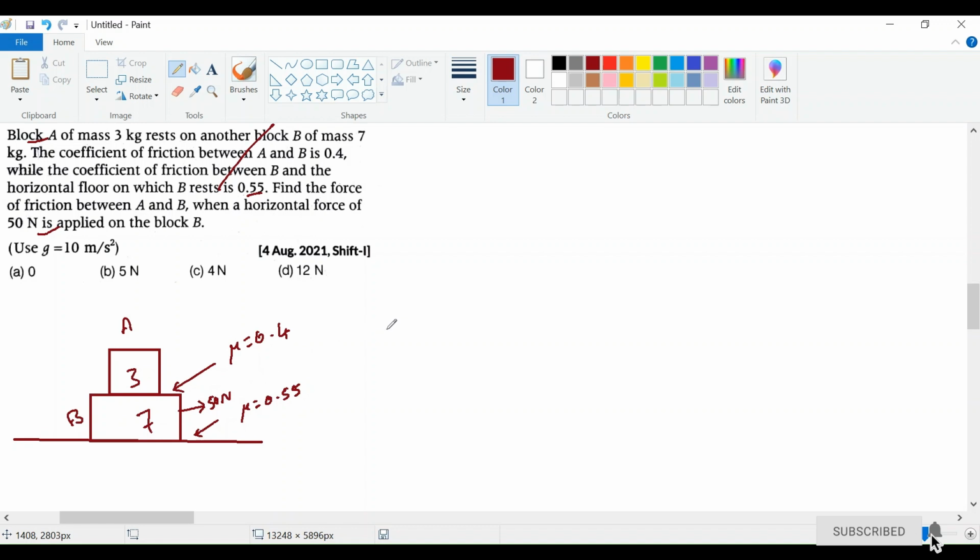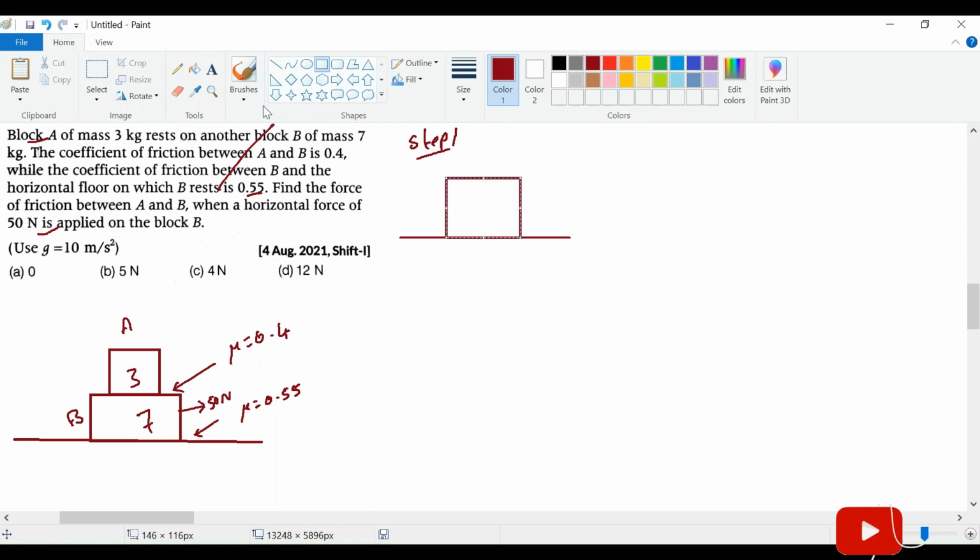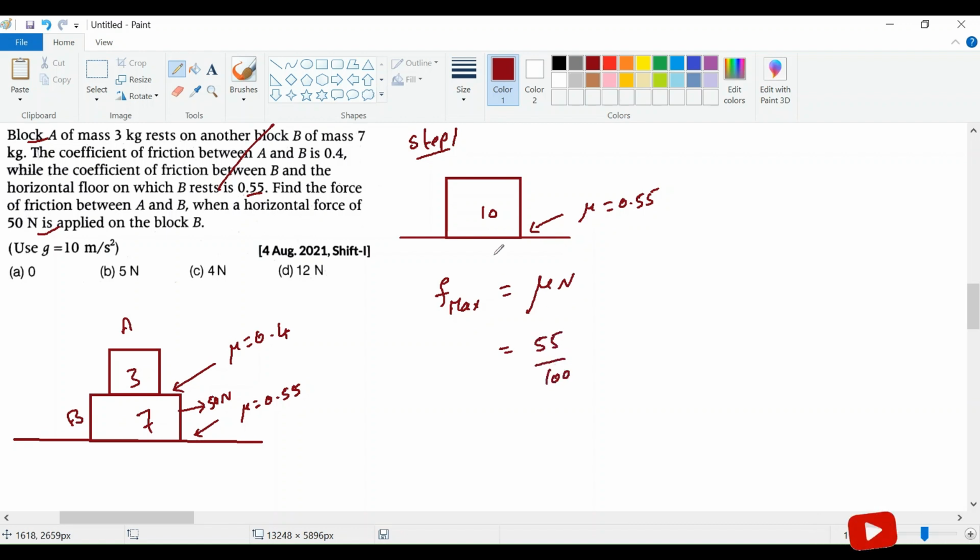Now I explained three steps. Check with step number 1 whether the system is moving or not. For that we have to consider the entire system as one. The total mass is 10 kg and the coefficient of friction is mu equal to 0.55. So how much is the maximum frictional force? It is mu into N. The downward force is mg, the upward force is normal, so N is equal to mg.